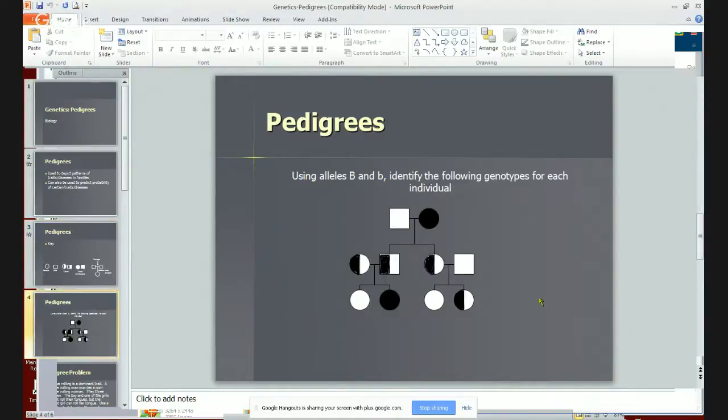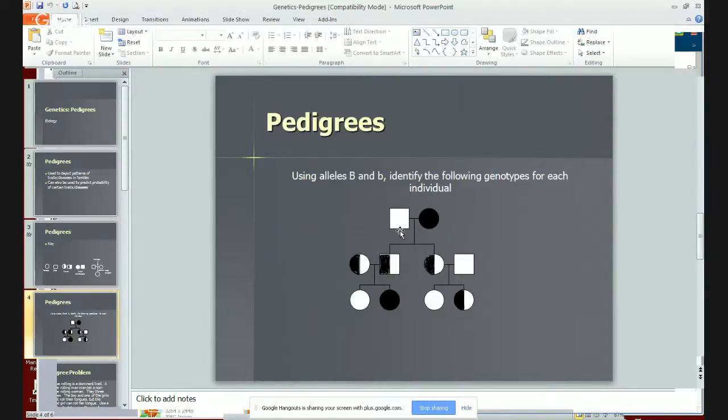So using the alleles big B and little b, you want to identify the following genotypes for each individual. From that, you can tell if they would have had this particular disease. This individual is a male, and he has a complete white box, which means that he is homozygous dominant.